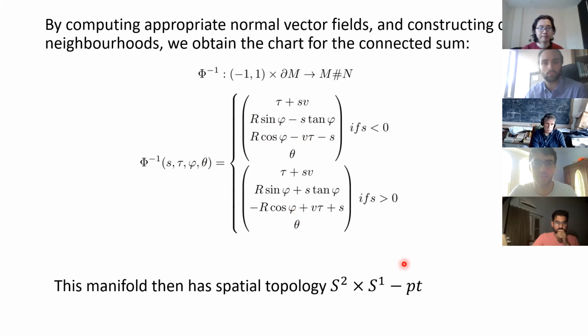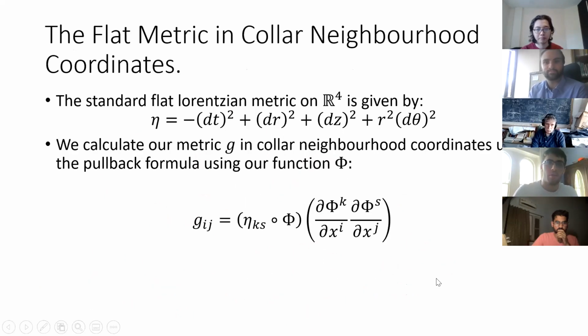So this is a coordinate system that allows us to go through the boundary, which is the point. And this manifold then has the topology S2 cross S1 minus a point, which is the same topology as you get from the pair production of black holes. That's the reason we've done this. And the thing we want to look at is how the metric looks in these coordinates, so how it looks as it goes across this boundary.